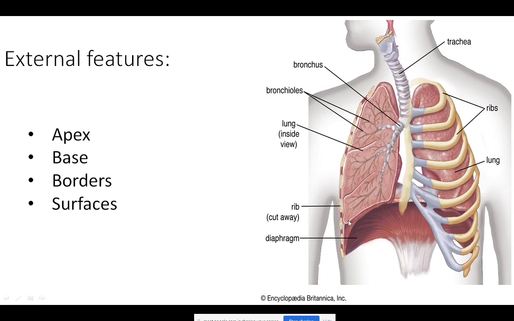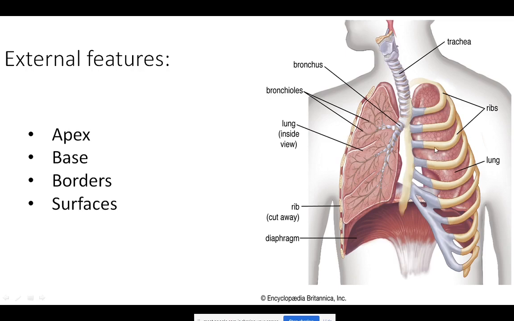Whereas the base is the part of the lung which rests on the diaphragm. And the borders are the boundaries between each surface of the lung. We have surfaces like the anterior, inferior, mediastinal and medial parts.